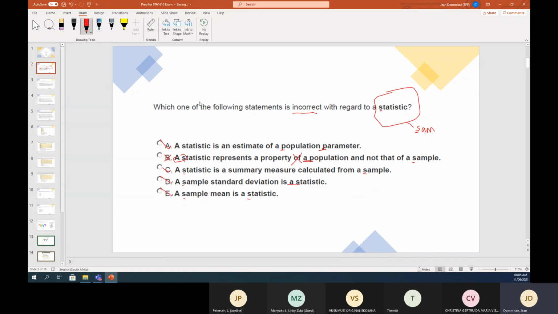So the first one was nearly looking at population and looking at sample, and the parameter always goes with a population. The sample always goes together with a statistic. So that is basically the first concept that we've learned in study unit 1.